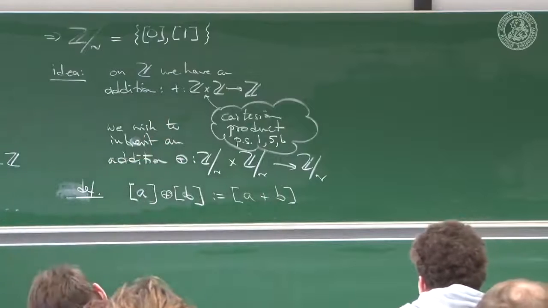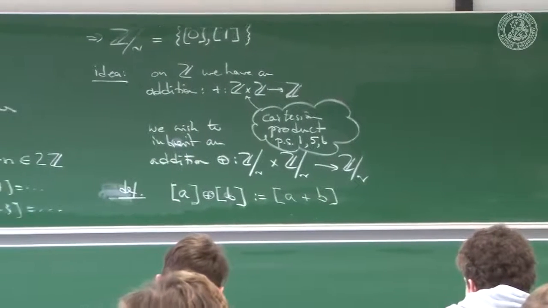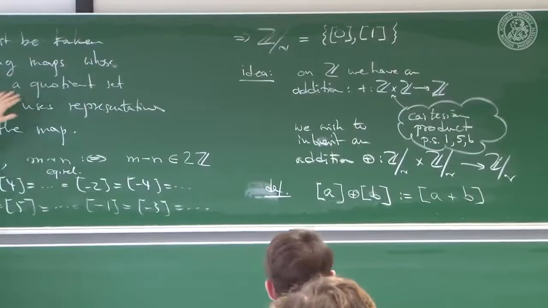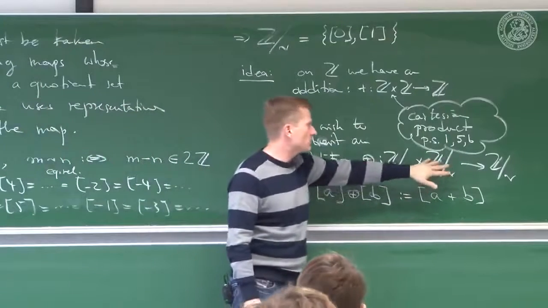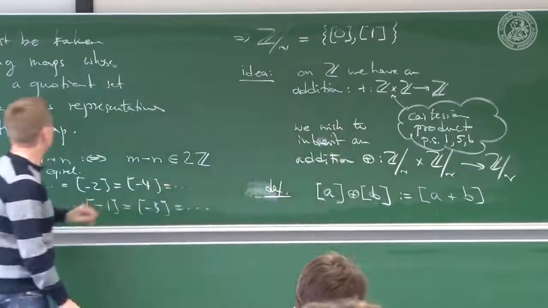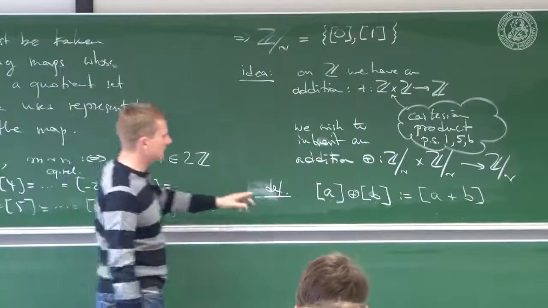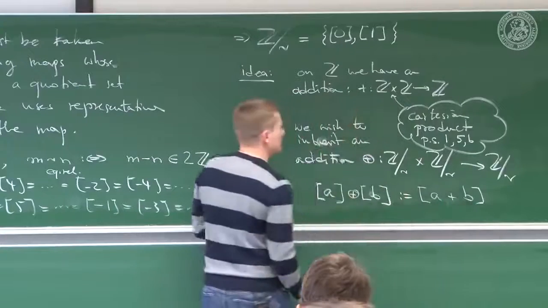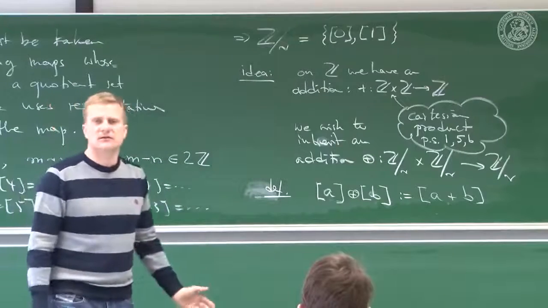But this certainly satisfies the conditions of our assumptions of our remark, that we actually define a map whose domain is a quotient set. Well, here it's even the Cartesian product of twice the same quotient set, and one uses the representatives to define the map. Now you say, this is my definition and that's it.